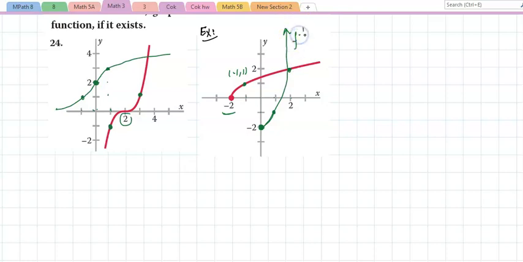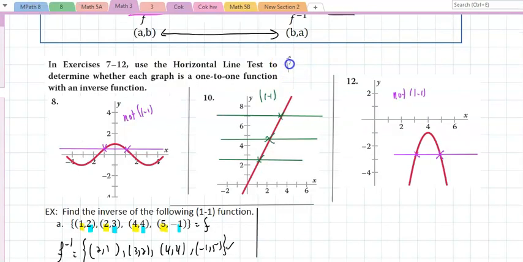This is the inverse of x. I'm going to get one more graph and elaborate on this just a bit. This is on page 253. With all the excitement, I forgot to give you a page.